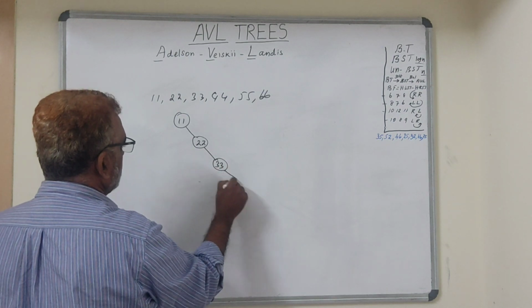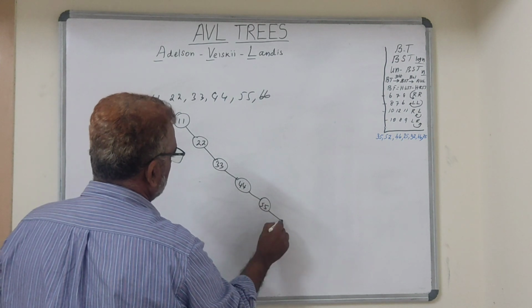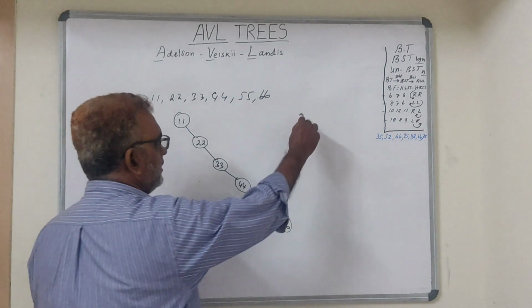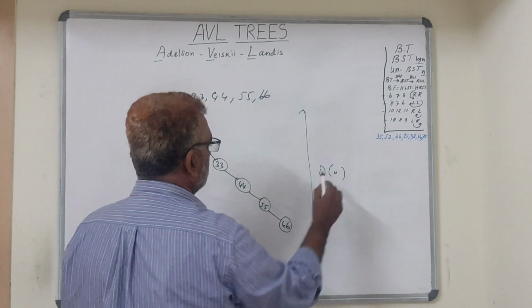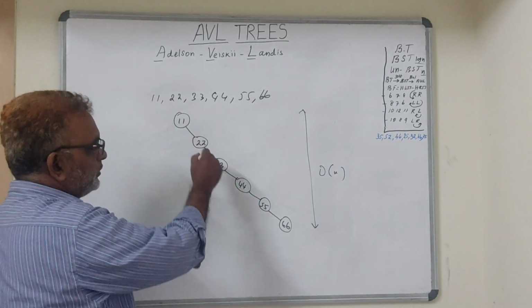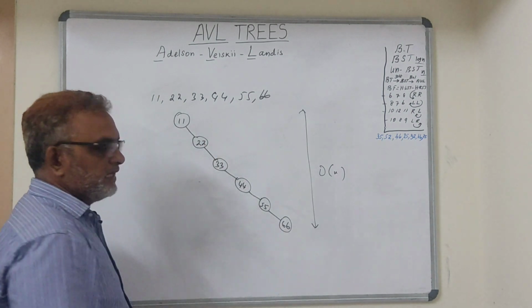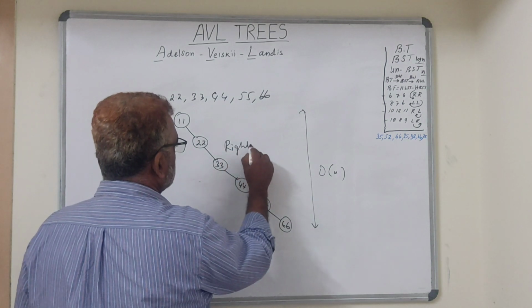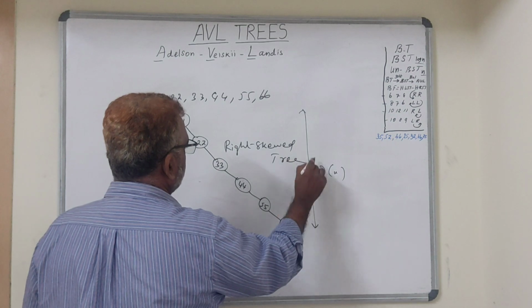So the time complexity is order of n, because you have all the values in ascending order. It is what is called a right skewed tree.